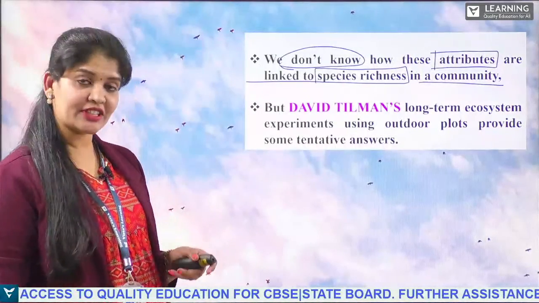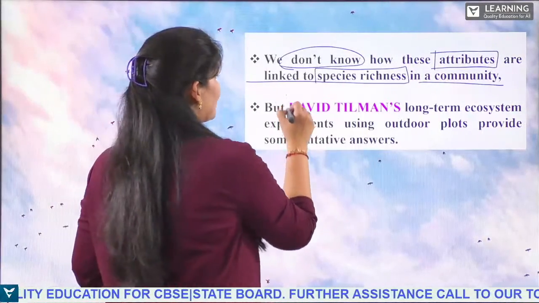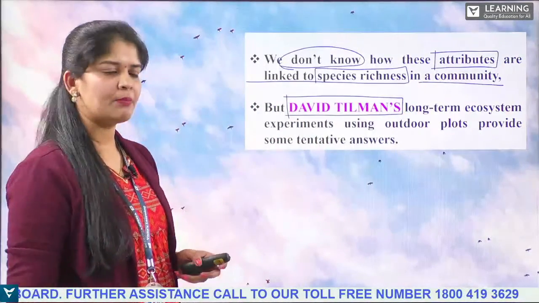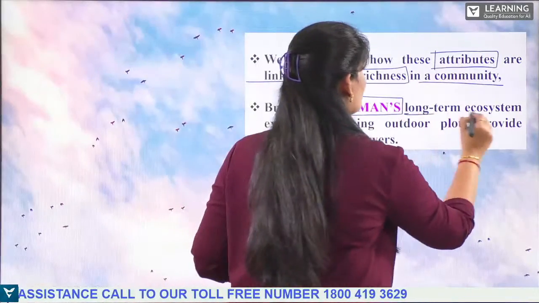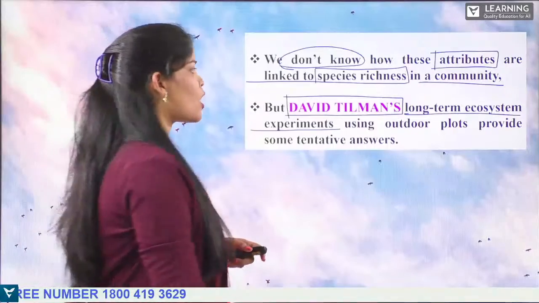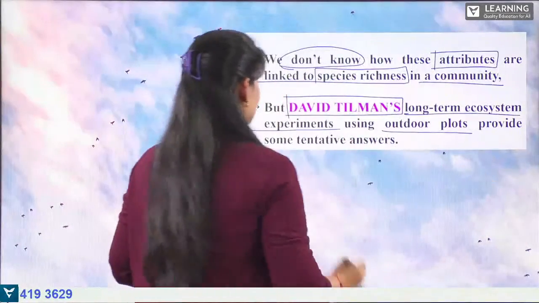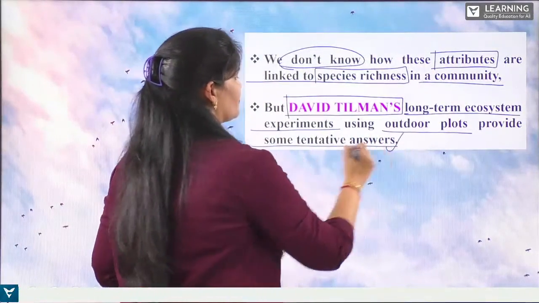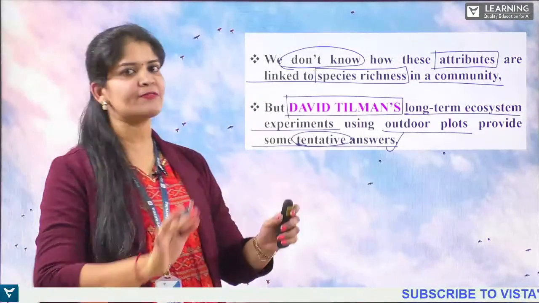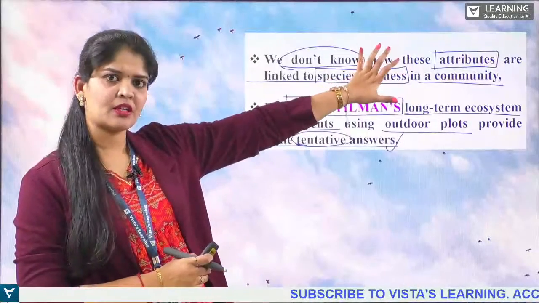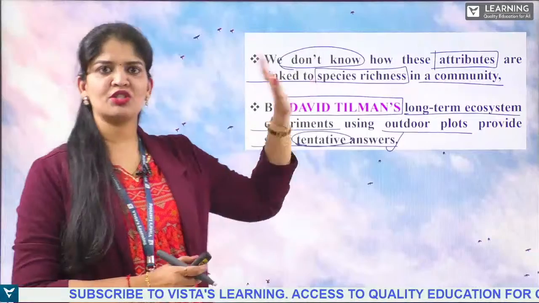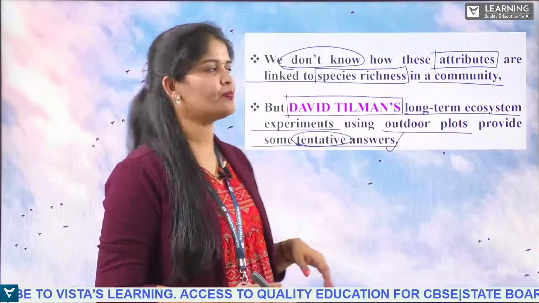Now, David Tilman made an experiment, a long-term ecosystem experiment using outdoor plots, which provides some tentative, subject to change, answers for this question: how all these attributes are linked to the species richness in the community.